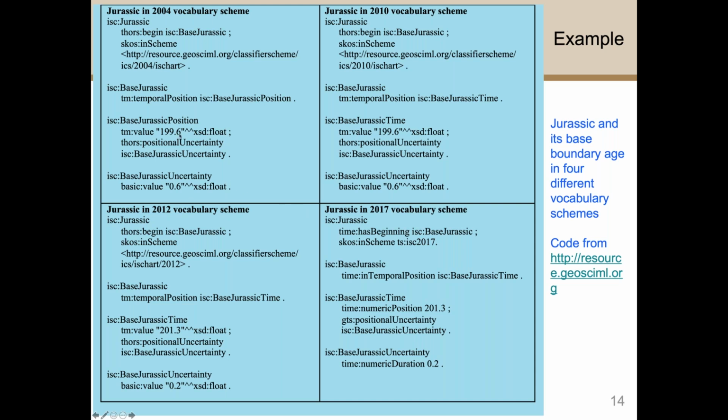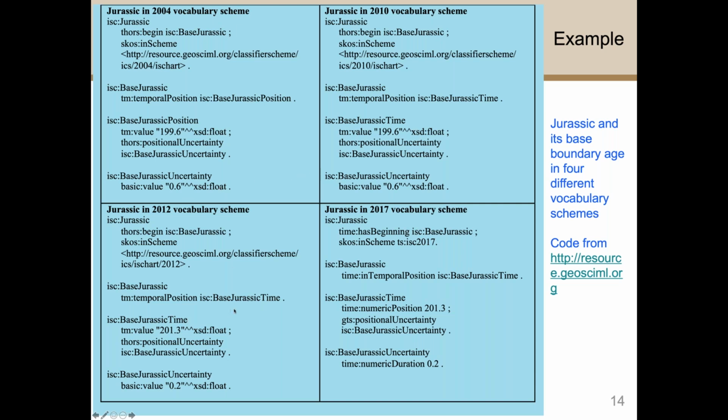Looking through those 4 versions, the first thing I can see is that different ontologies are used. Especially in the latest version, the 2017 version, the time ontology is used. In this representation of the numerical position, you can see a property from the time ontology was used. But in the previous versions, the time ontology was not used yet.